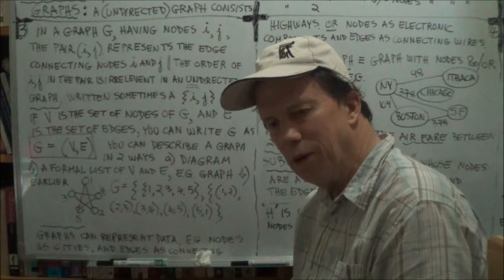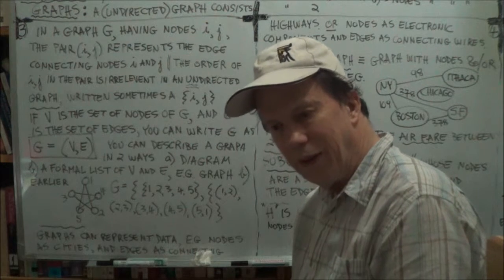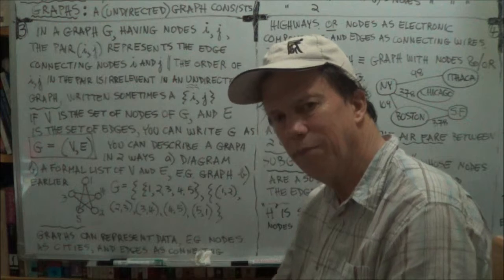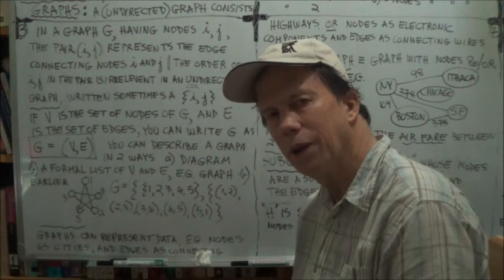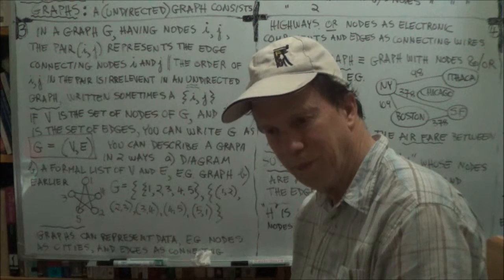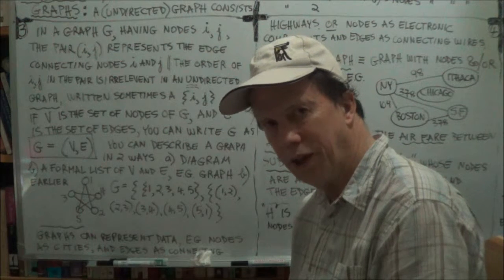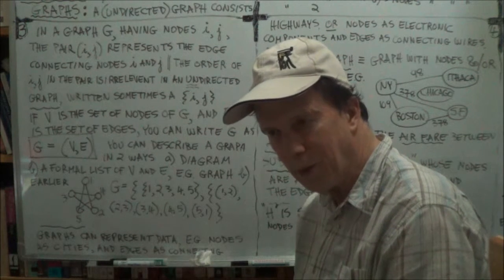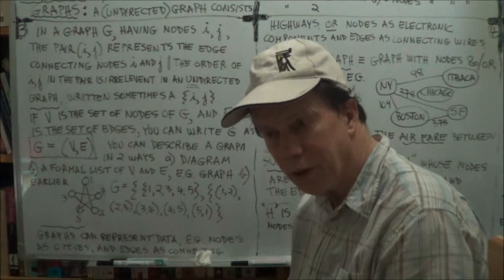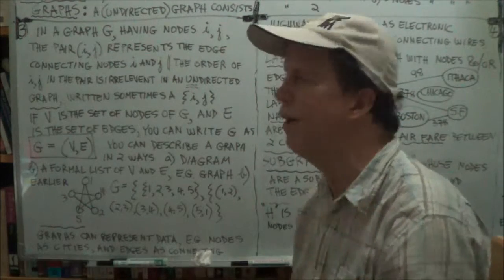So oil tends to flow in one direction. If you have a network of oil pipelines, the direction is very important. You would then have what's called a directed graph, where your edges are not just lines; they're arrows, where the direction is important. But I'm jumping ahead. We'll get onto directed graphs later.